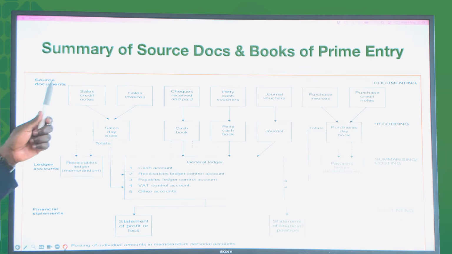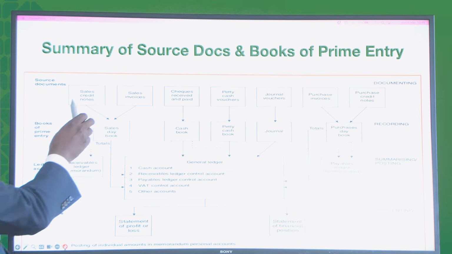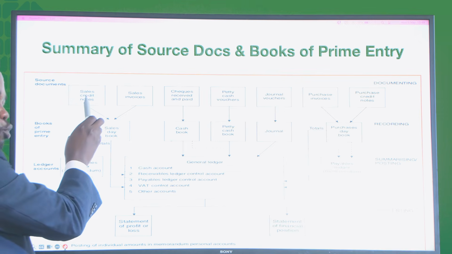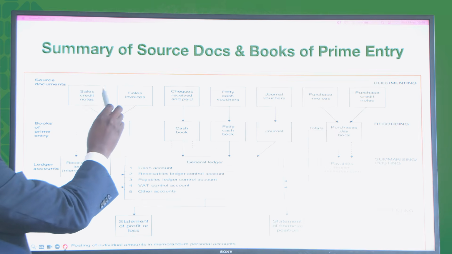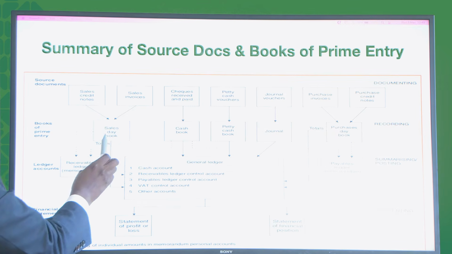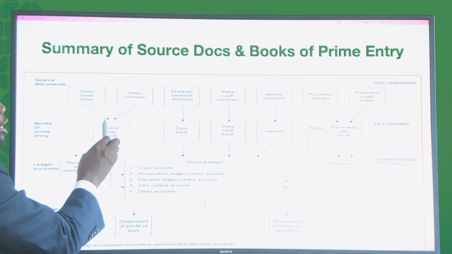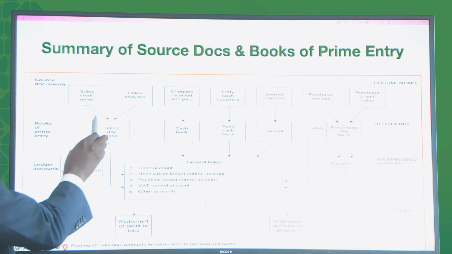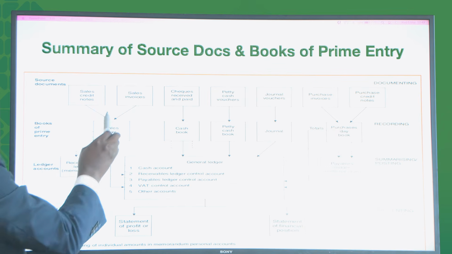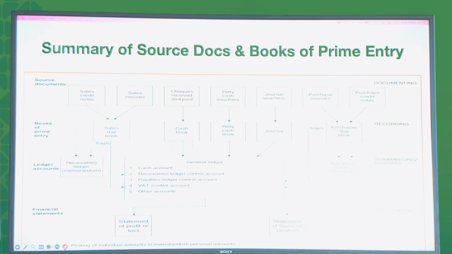In these diagrams, we are looking at the relationship between the source documents and the books of prime entry. So for every document, we are trying to illustrate where it goes in the books of prime entry. The first 2 documents, sales credit note, which we will explain in due course, and a sales invoice, are posted in a sales day book. So the book of prime entry which records these 2 source documents is a sales day book.